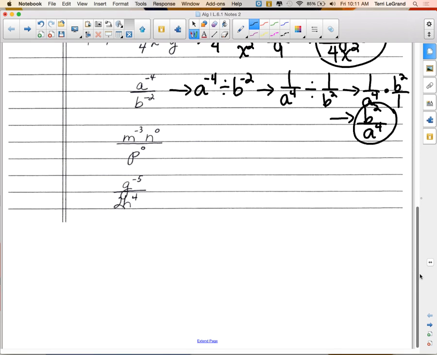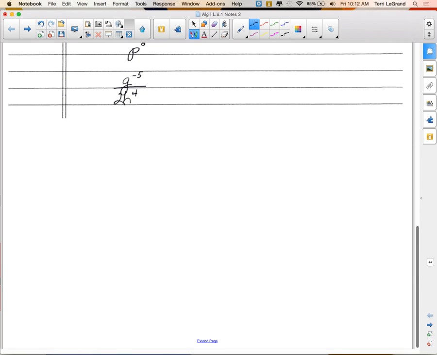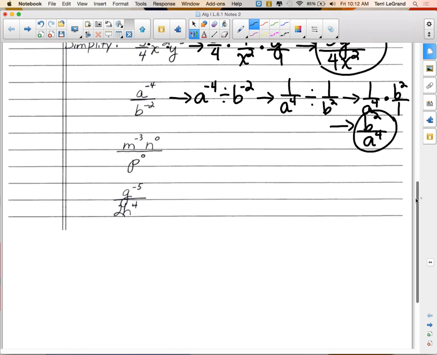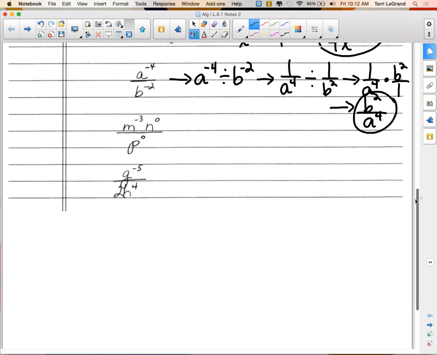I look at ones that have to the 0 power in them and I get excited because I know how easy they are. What's true about anything to the 0 power? It's 1. So I can say this is m to the -3 times 1 over 1. Can I do that? Yeah. Is it that simple? Yep.